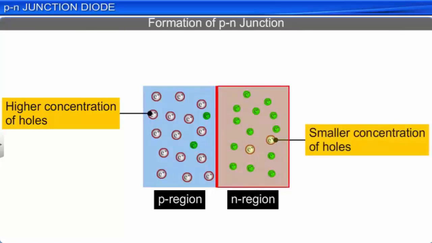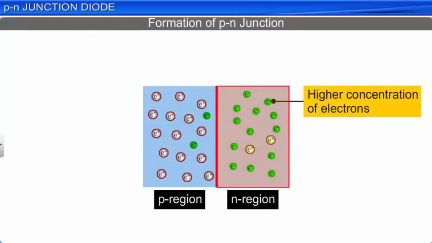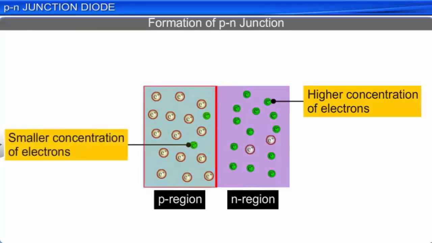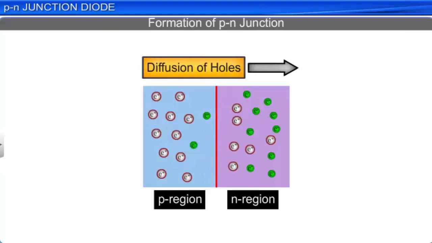Similarly, in the n region there is a higher concentration of electrons, and in the p region a smaller concentration of electrons. This causes the holes to diffuse from the p region to the n region across the p-n junction. Physically, this means that some of the valence electrons just to the right of the junction may fill the vacancies just to the left of the junction.